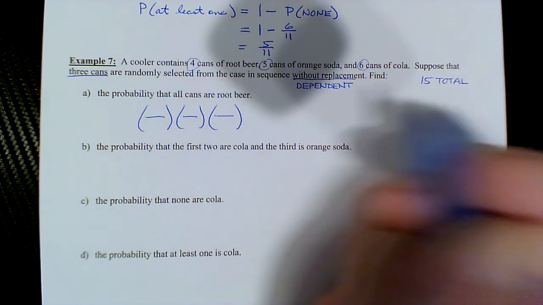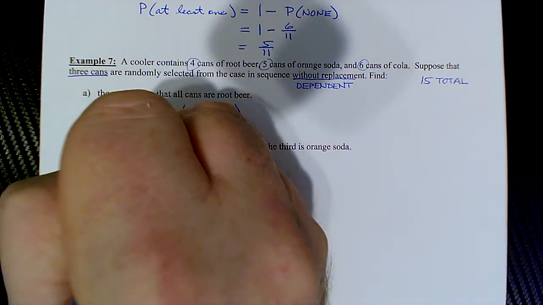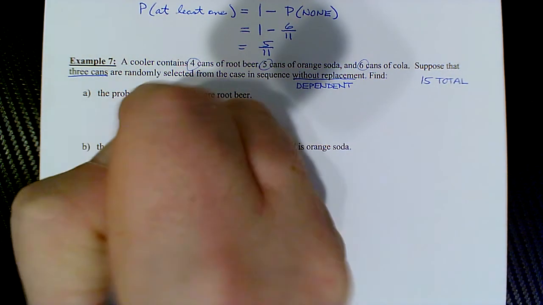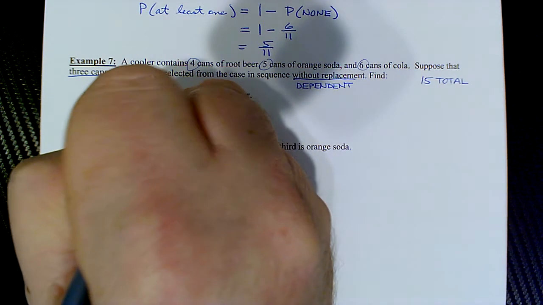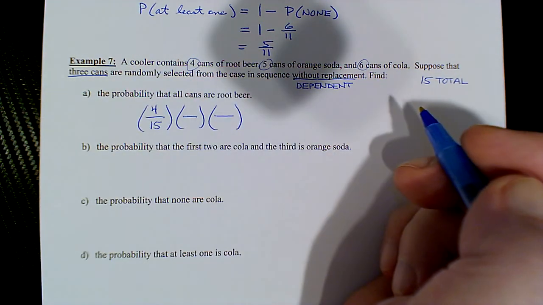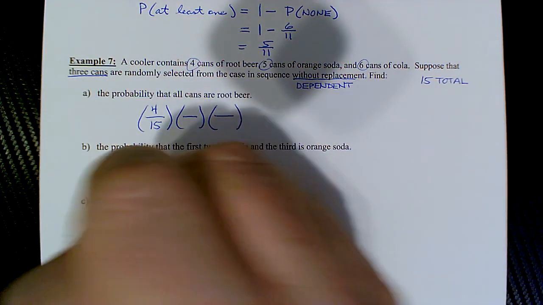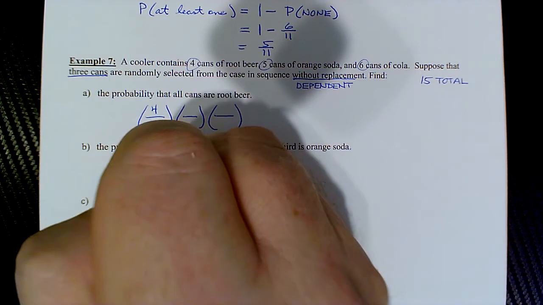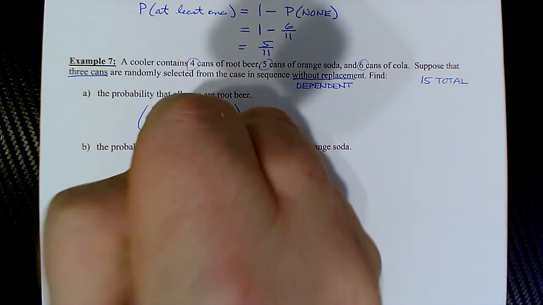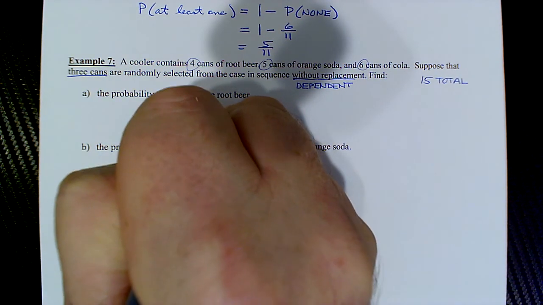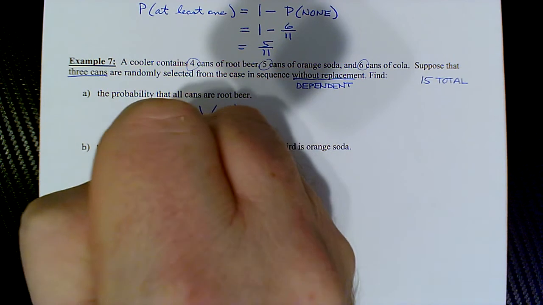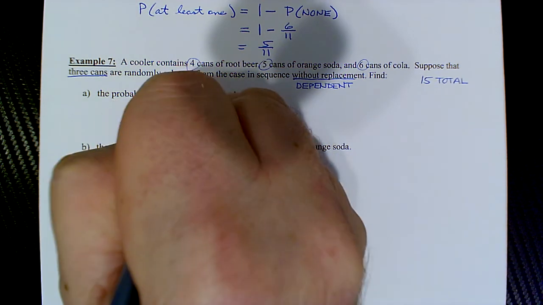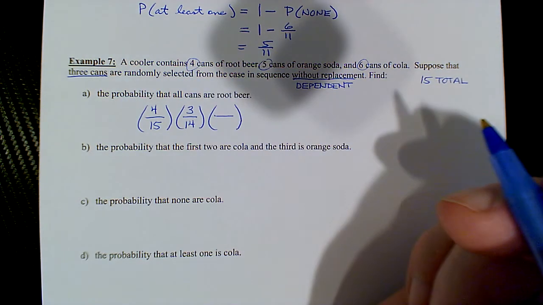First time we draw, 15 total. We want a root beer. There's 4 of them that are root beer. Next time we draw, we think you drank it, whatever the case, gave it to your friend. There's only 14 left to choose from. And now we're assuming that the first one was a root beer, so there's only 3 root beers left to choose from.